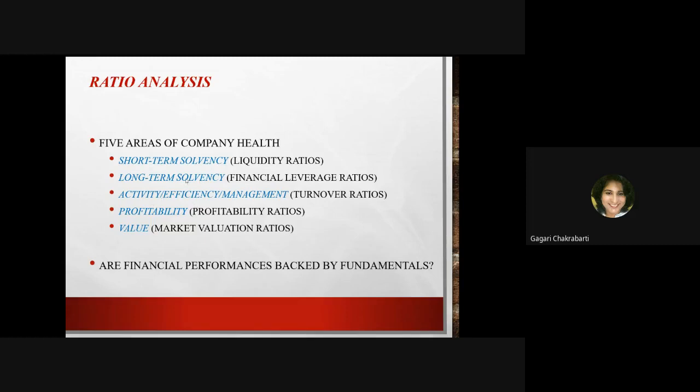Now the fourth one, which is more or less obvious, that is the profitability ratio. So if the firm is profitable, then the investors may be interested in that. So once again, we shall be distinguishing between the actual profit and the perceived profit. What is actual profit? Actual profit, so far as I understand it, is based on the actual performances of the firm, right?